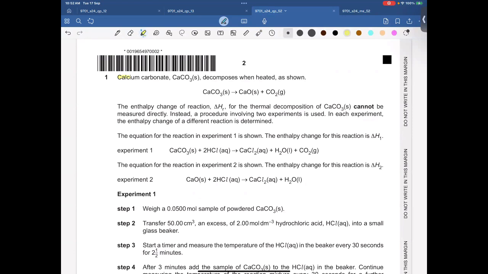So calcium carbonate, CaCO3, decomposes when heated as shown. Okay, so that's the thermal decomposition.